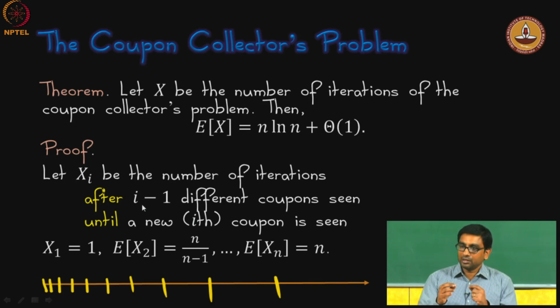If you think about it, it is now a geometric random variable. Your success probability p is n minus 1 over n, because there are n minus 1 coupons you have not seen before out of a total of n, and if you get any one of them, you have seen a new coupon. That is your p value, and the expectation of x 2 is 1 over p.